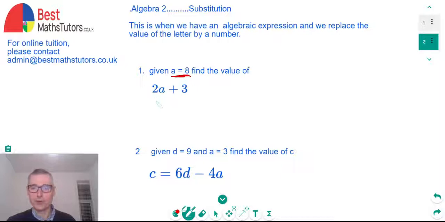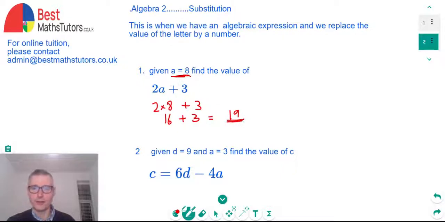So I'm going to rewrite this. Now I'm going to say it's 2 times, and then instead of the a, I'm going to write 8, and then plus 3, and just work out the value of that. So 2 times 8 is 16, plus 3 is equal to 19. So that's the first one done.